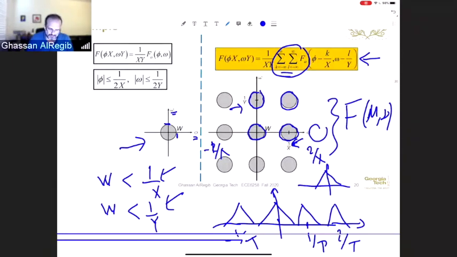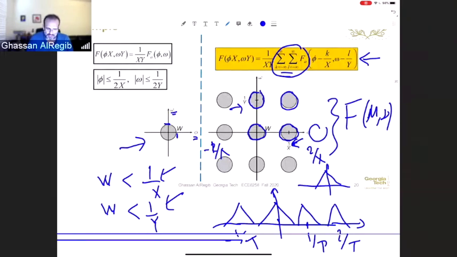The same concept applies in the two-dimensional case. The only difference now is that I have capital X and capital Y to determine our sampling in the X direction and the Y direction. As long as the maximum frequency in the spectrum of the analog signal f sub a is less than 1 over X in the X direction and less than 1 over Y in the Y direction, when I'm repeating, I don't have an overlap between these.